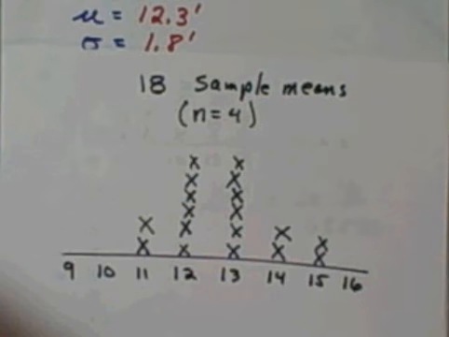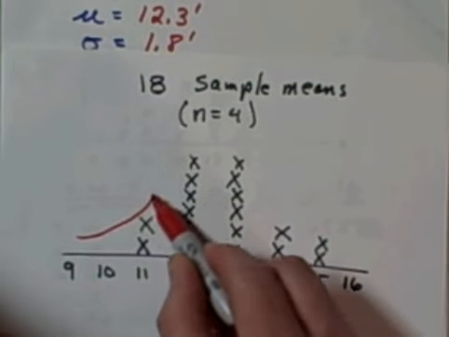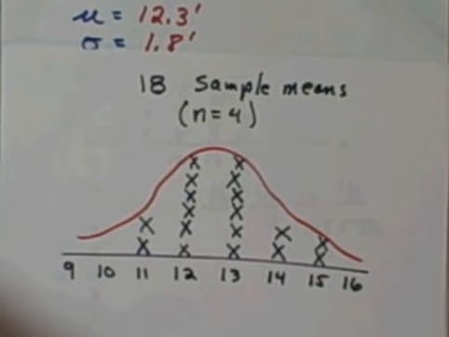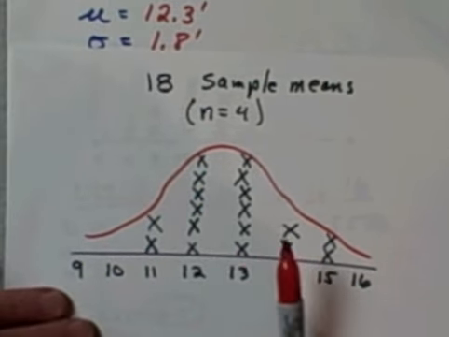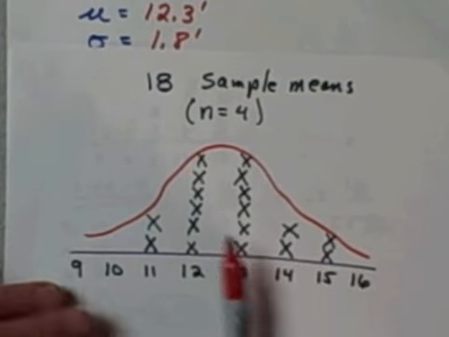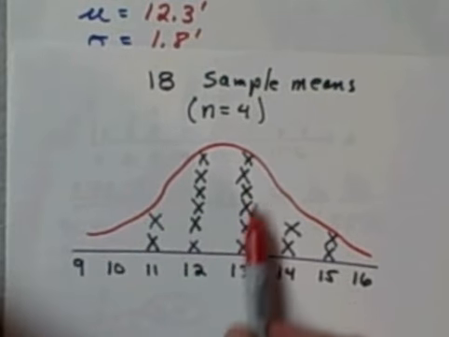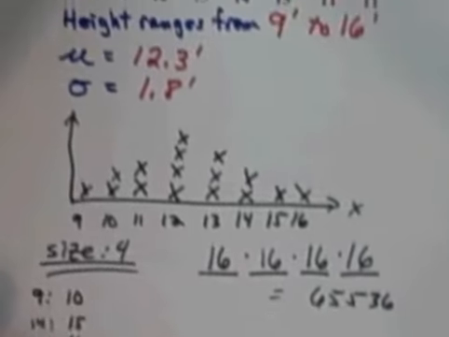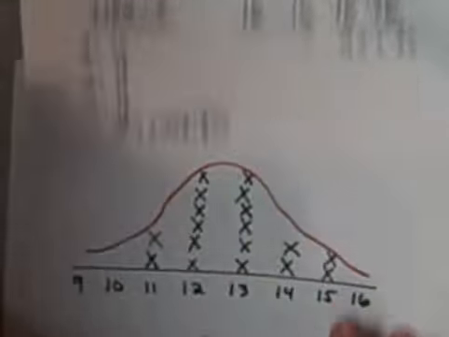And notice what we get. We still get a normal curve, starts out small, raises and comes back down. But notice that many of the values are now much more toward the center, much more than they were in the original distribution. They were kind of spread out.